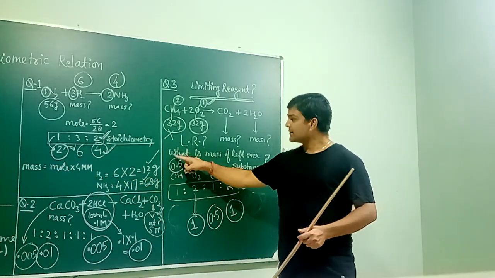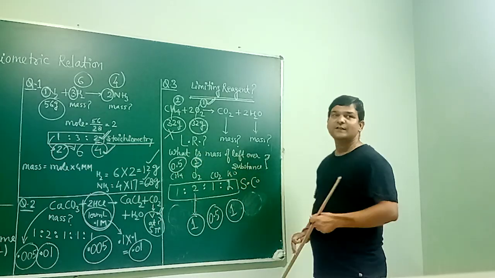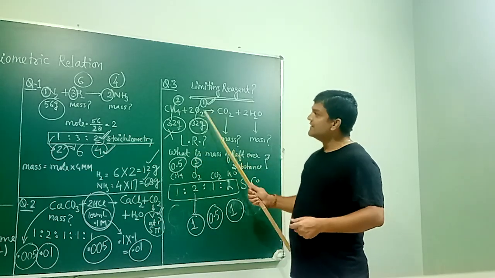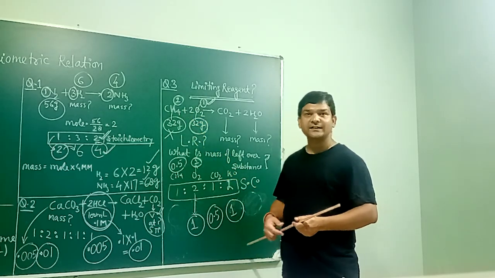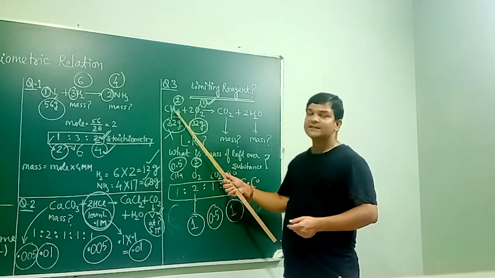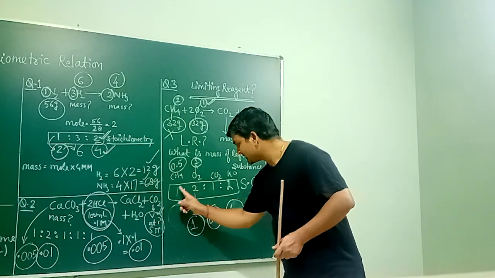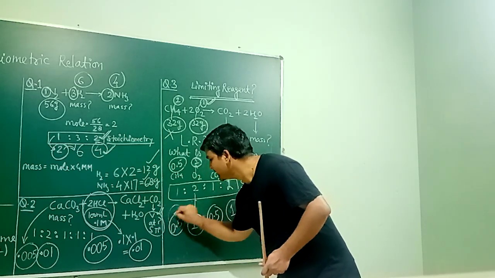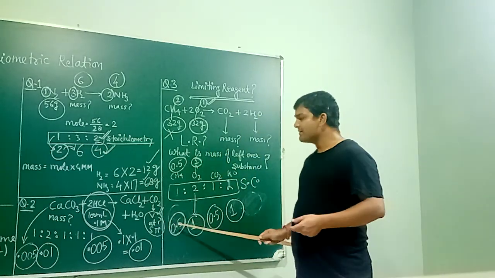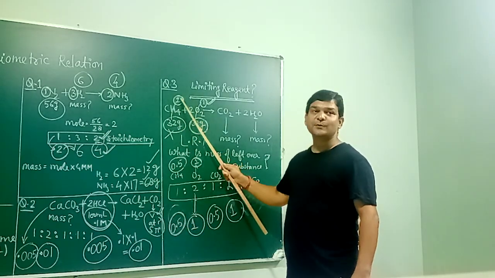The last part of the question is, what is the mass of leftover substance? Here, as we know oxygen completely reacts in the reaction, the unused substance is methane. How much methane is required as per the ratio 2:1? Methane required is only 0.5 moles, but the given amount is 2 moles.